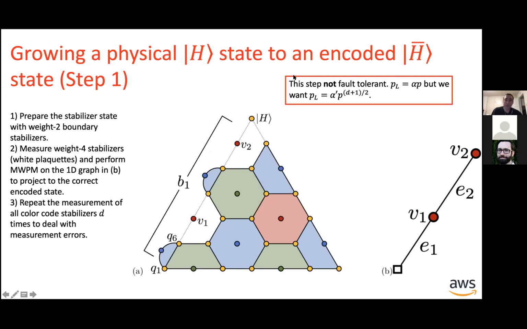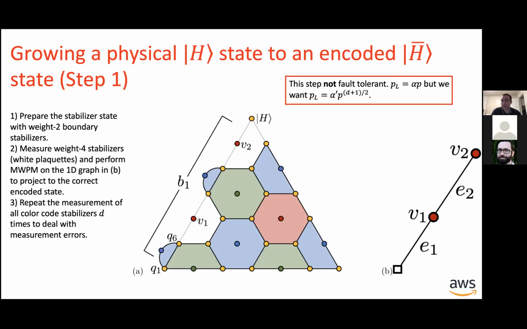So what we have to do in this case is, once we've measured the white plaquettes, we have to repeat the measurements of all the stabilizers of the color code, order d times, and then implement minimum weight perfect matching over the whole syndrome history. Then we'd be able to figure out if there were measurement errors if we do this enough times, assuming the total number of failures isn't too high. And then do the appropriate corrections to project to the code space.